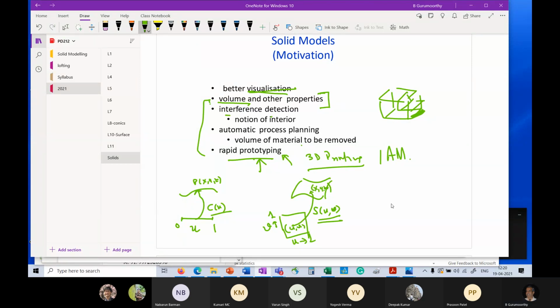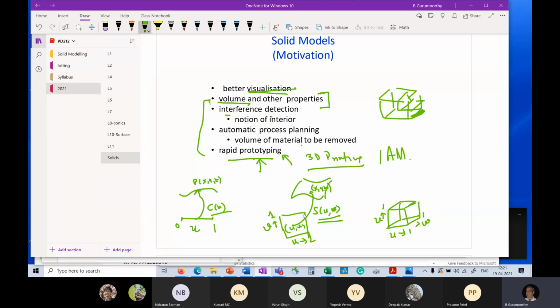Now there is an analogous extension to 3D, where my degrees of freedom are 3, and therefore my parametric space becomes a unit cube. The 3 degrees of freedom are denoted by u, v, and w.